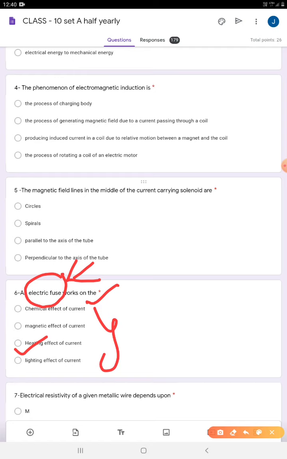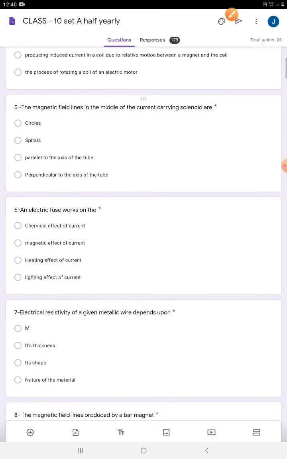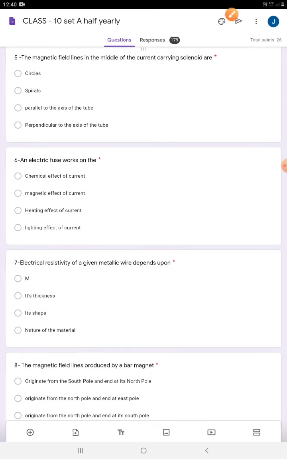So if there is excessive current, then because of more resistance it produces high heat and it breaks down. So an electric fuse works on the principle of heating effect of electric current. Okay, now move to question number 7.